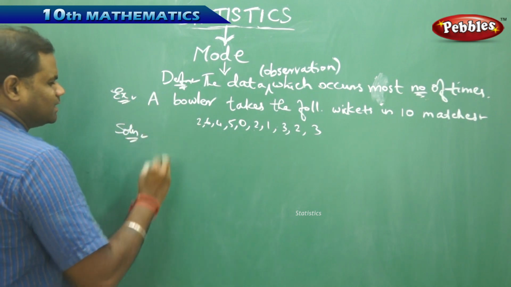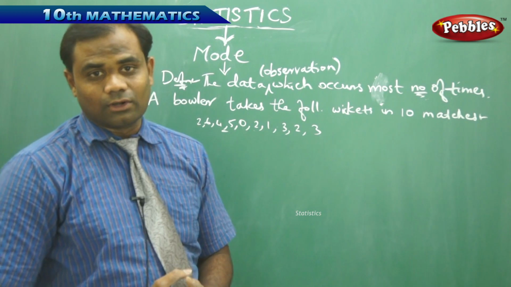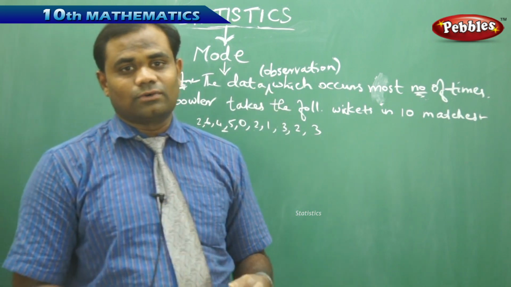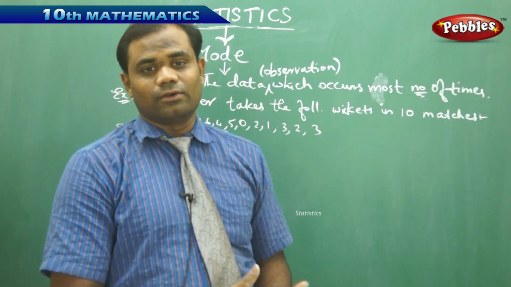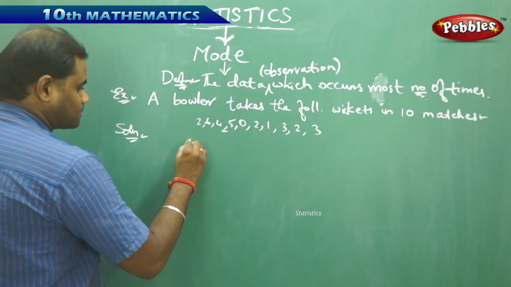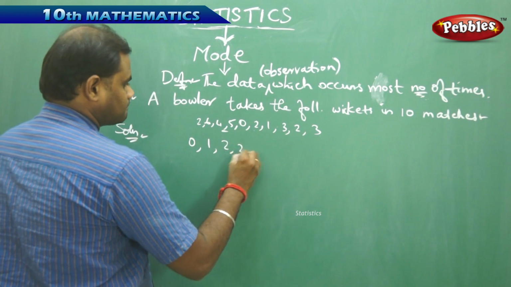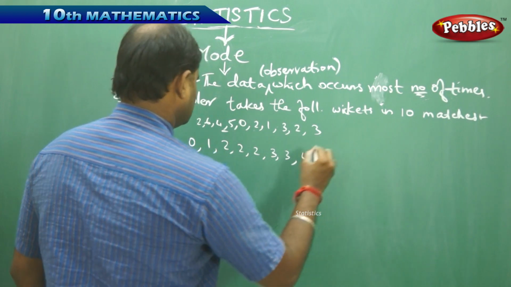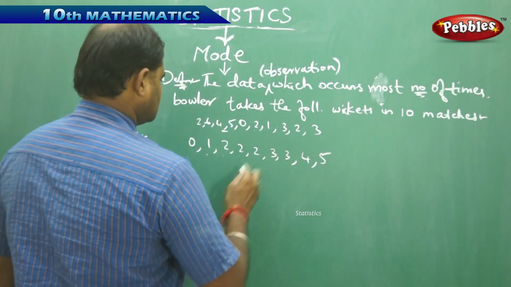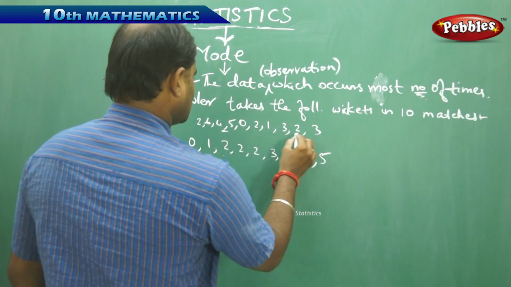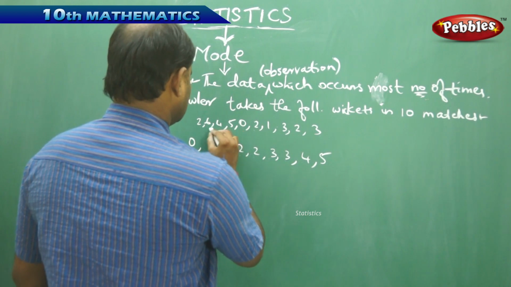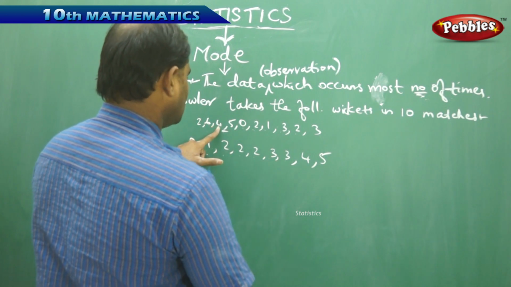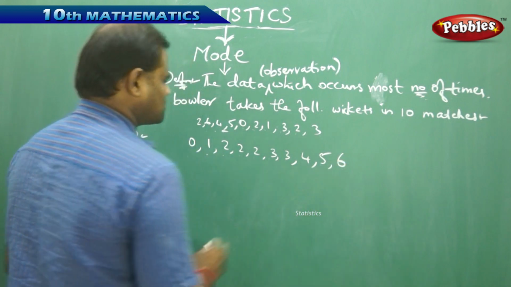So as I see here, I have the data which I'm going to write in order. The first thing which is very important here is arranging the data in a definitive order, whether increasing or decreasing, ascending or descending order. So I arrange the data in order: 2, 3s, two 3s, one 4, one 5 and one 6 finally.